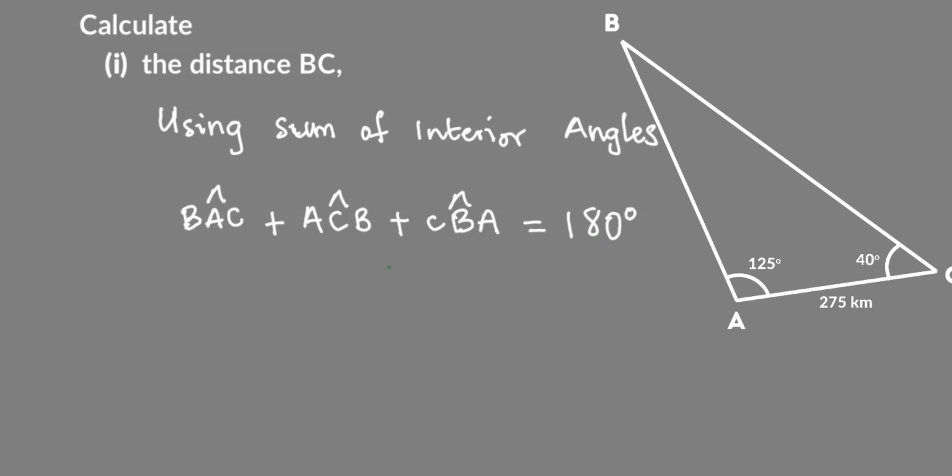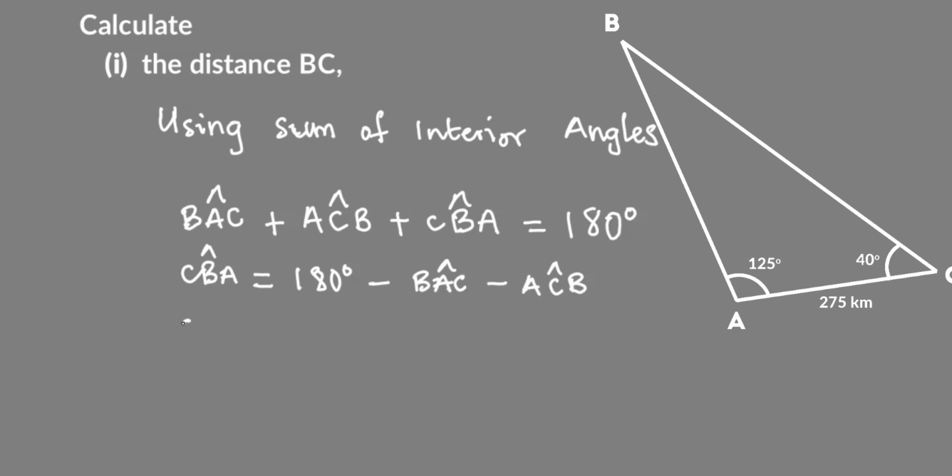So we're going to make angle CBA the subject. And making angle CBA the subject, what it means is we're going to have 180 degrees minus the angle BAC minus the angle ACB.